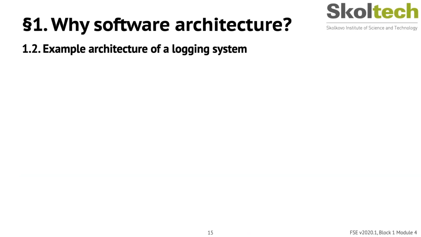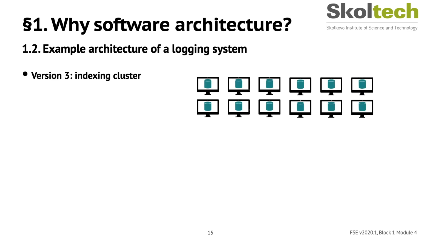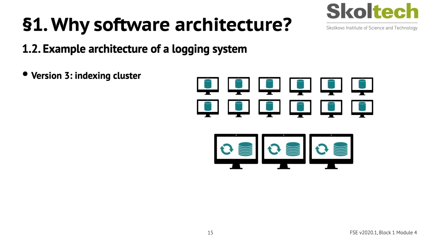The third version addressed the drawbacks of the second by saving the log data into a distributed file system and by parallelizing the indexing of log data. Instead of running on a single powerful machine, it used 10 commodity machines.